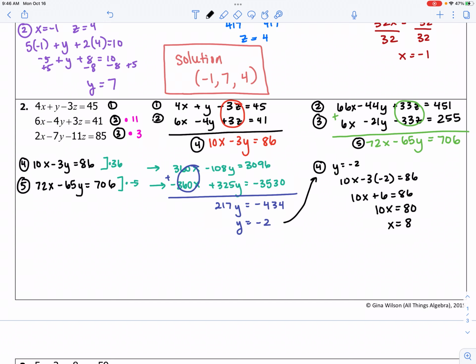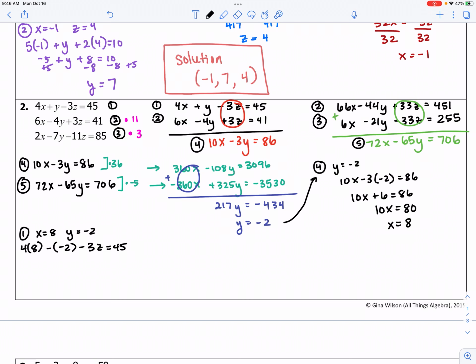Now that I have my x and my y, we have to go through equations 1, 2, and 3 to pick for the z value. And again, it does not matter which one we choose. I'll go ahead and choose number 1. So we have an x equal to 8. We have a y equal to -2, so I'm going to plug everything in. 4 times 8 minus a -2 minus 3z equals 45. Please don't forget to use parentheses.